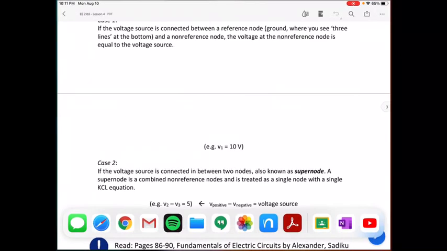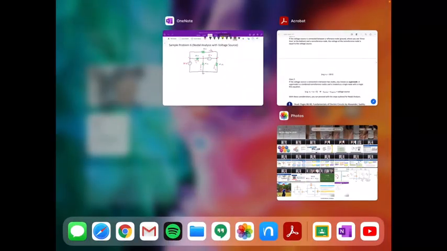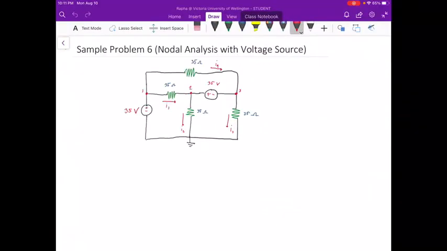So to give you an example, where's the example? Okay, there. This is a similar diagram to what you've seen in the example.